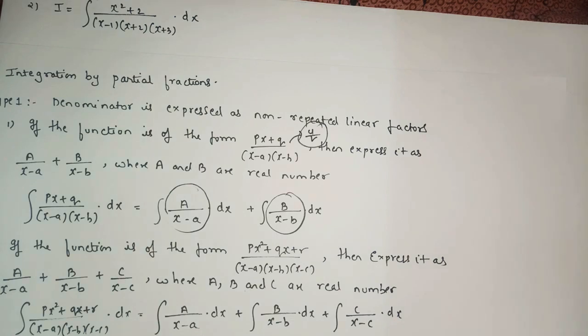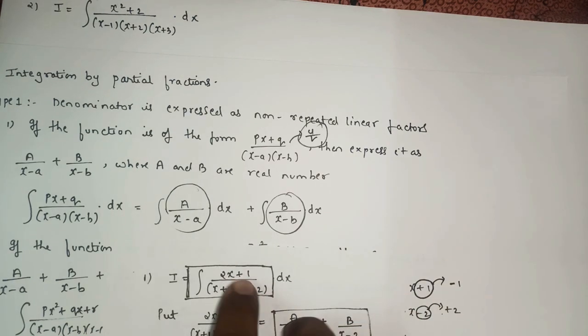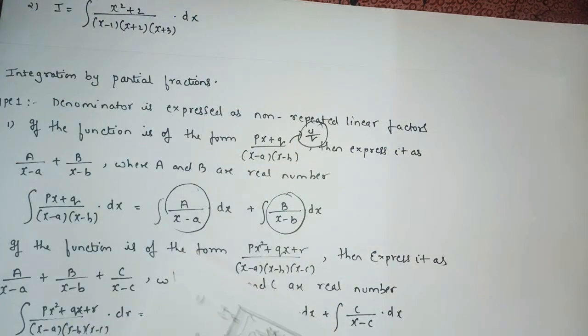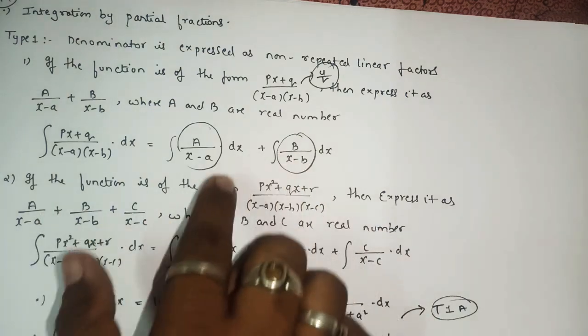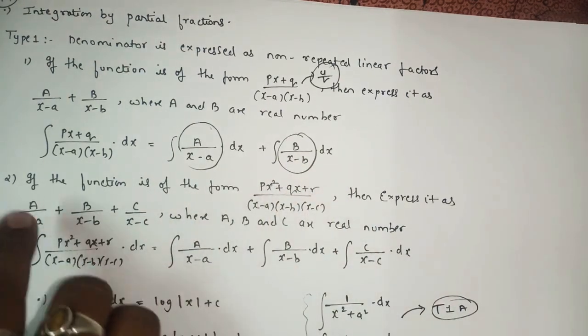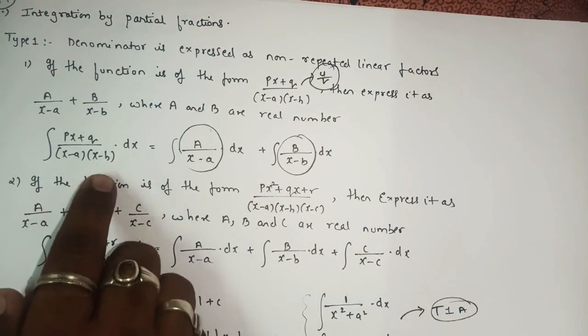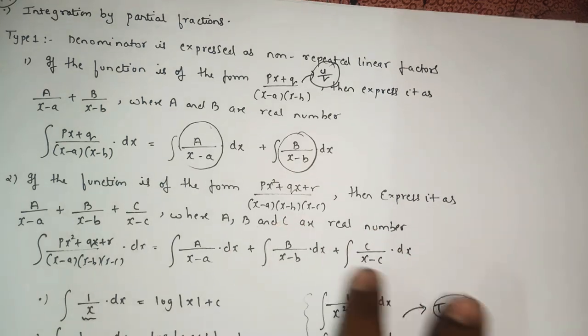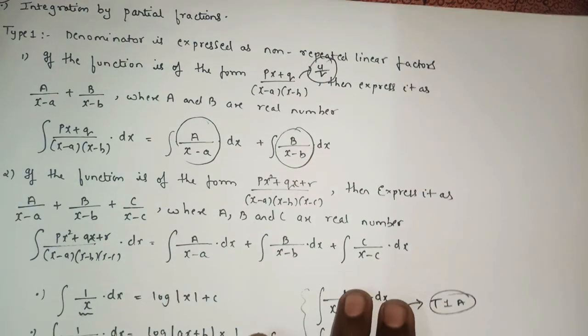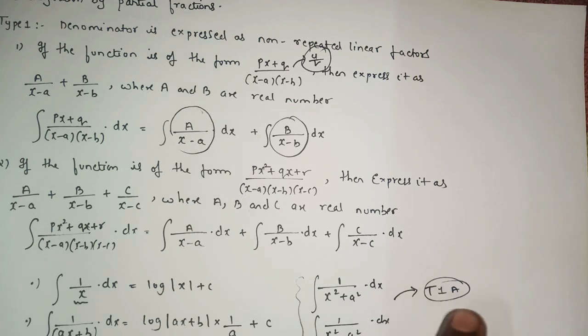So whenever you come across a numerator that is linear or quadratic, the method will remain the same. You will express the function in this form: a upon x minus a plus b upon x minus b plus c upon x minus c, where you will get the values of a, b and c, and after that simply put the values and then integrate with respect to x, where you will get the answer.